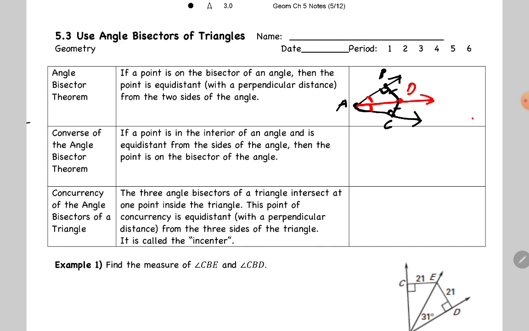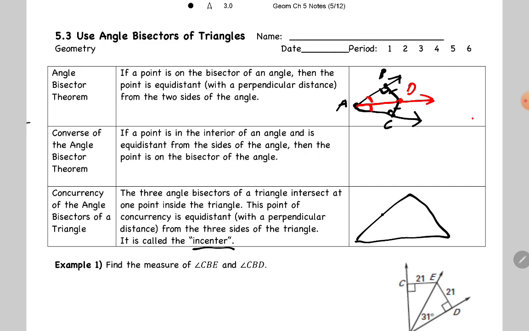And then the concurrency of the angle bisectors is called the incenter, so it's not the center of the triangle anymore. Remember, the perpendicular bisectors give the center of the triangle, where it's equidistant from all the corners.